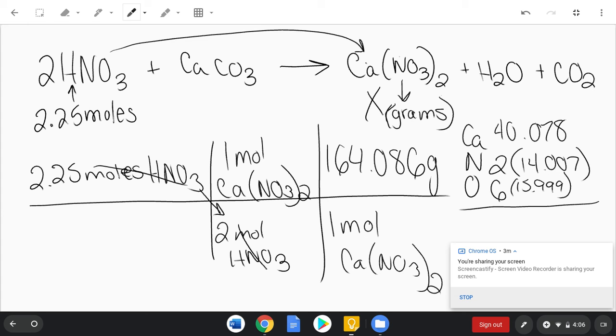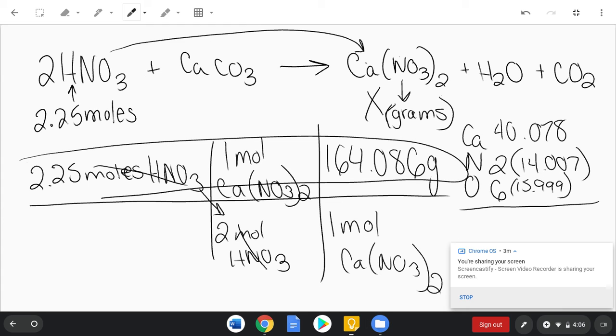Now I can do the top row, multiply the top row together, divided by the bottom row. I'm going to take 2.25 times 164.086, divide that by 2. That's going to give me 184.59675.